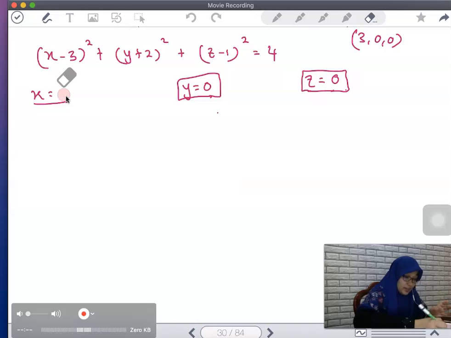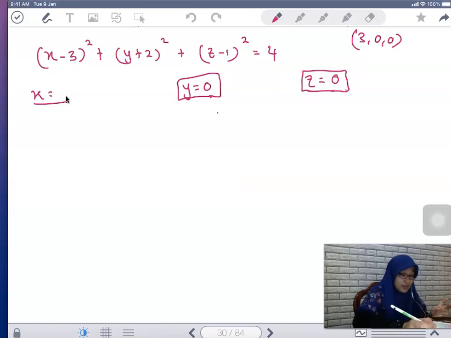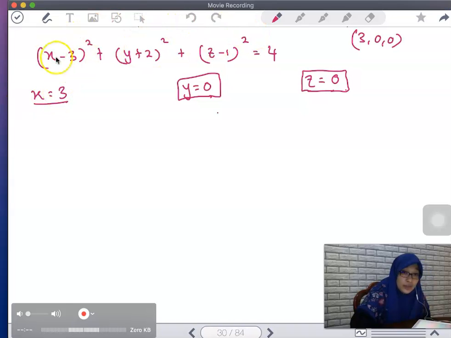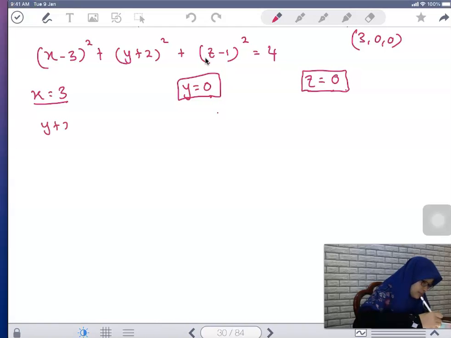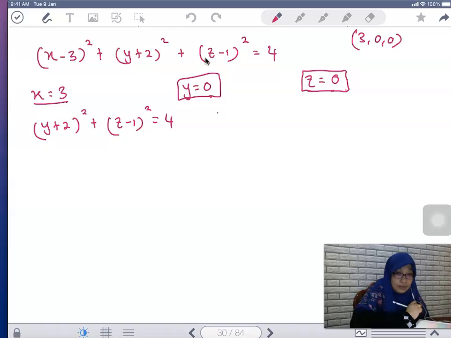So first we set x equal to 3. By setting x equal to 3, your equation becomes y plus 2 squared plus z minus 1 squared equal to 4, which is a circle with radius 2.